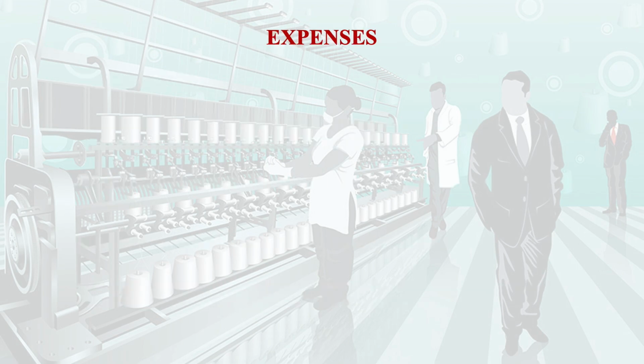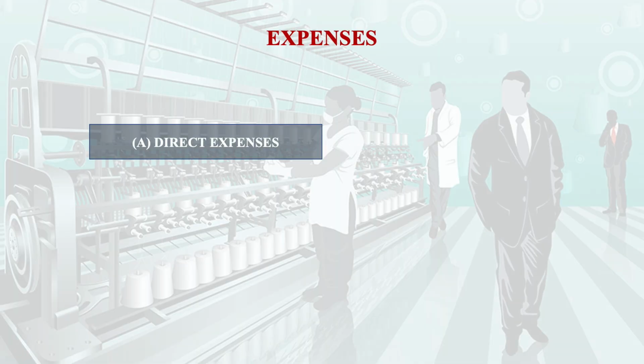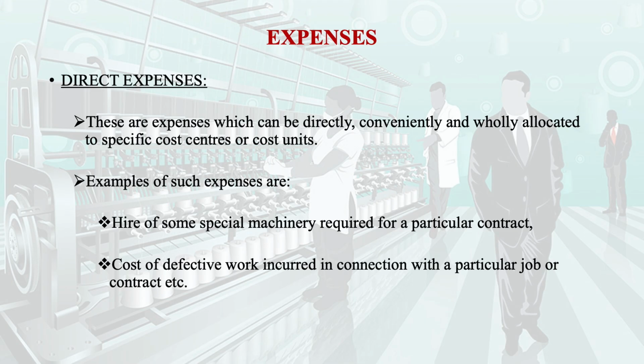Now comes the expenses. Expenses again may be direct or indirect. Direct expenses are those expenses which can be directly, conveniently and wholly allocated to a specific cost center or cost unit. Examples are hiring of some special machinery required for an operation or for a particular contract, and the cost of defective work incurred in connection with a particular job.